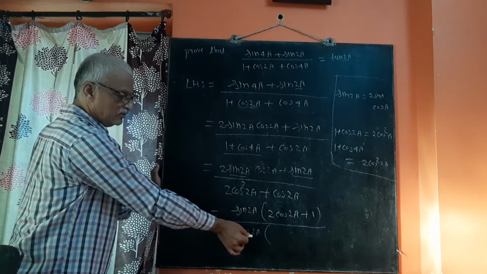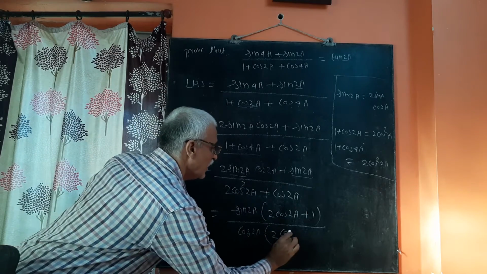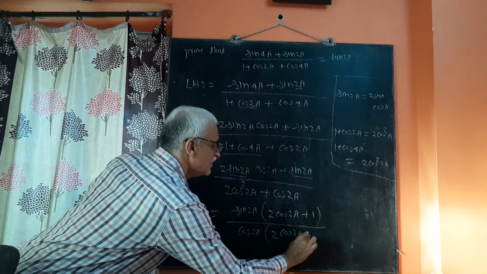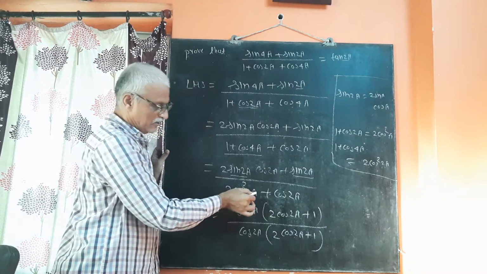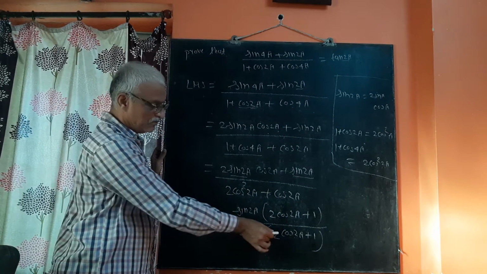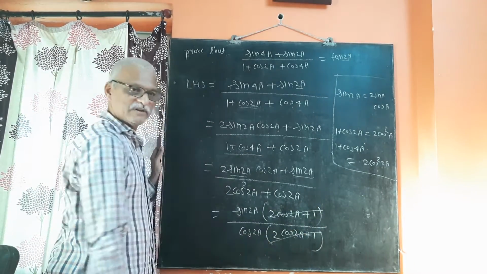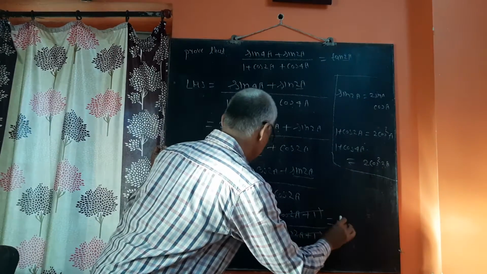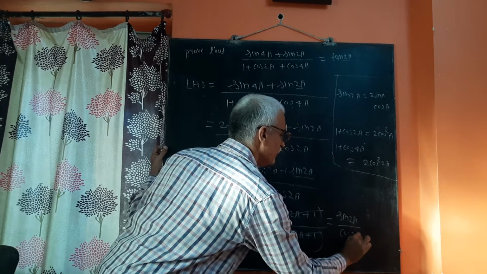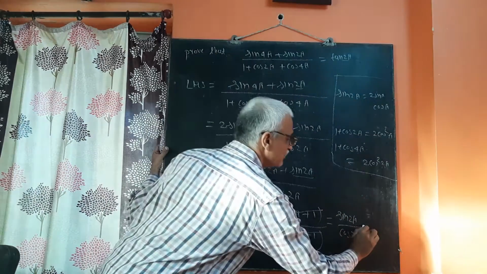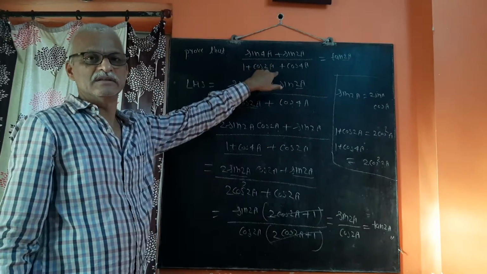From the square we have taken cos 2a outside, so the remaining is 2 cos 2a plus 1. From the other term, cos 2a is taken outside, so the remaining is plus 1. 2 cos 2a plus 1 gets cancelled, so it remains sin 2a divided by cos 2a. Now sin upon cos is tan, so that equals tan 2a, and that is our RHS.